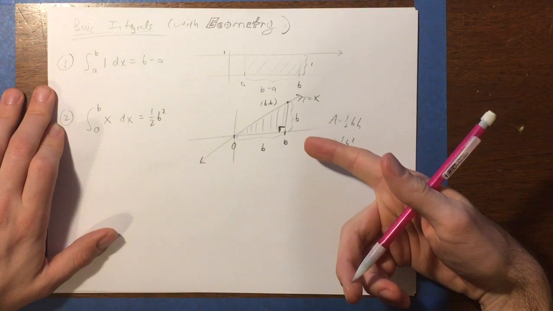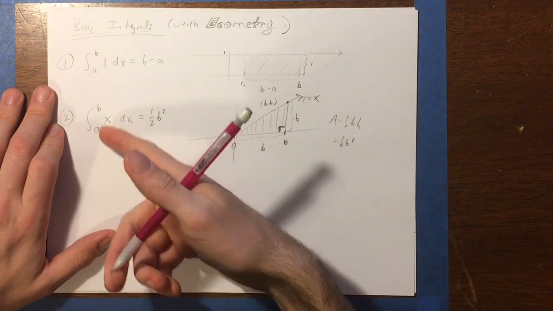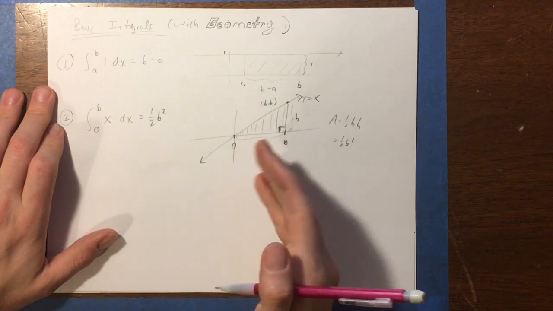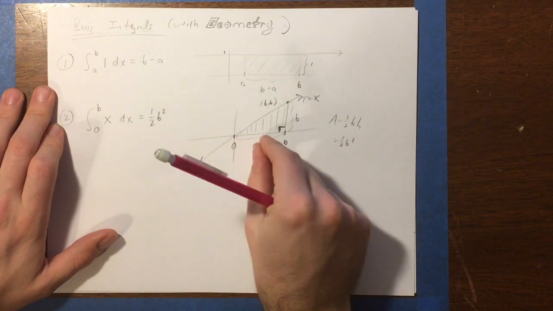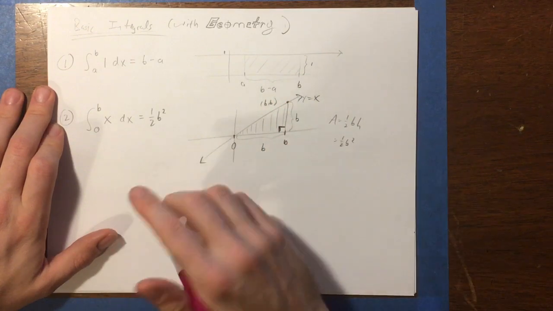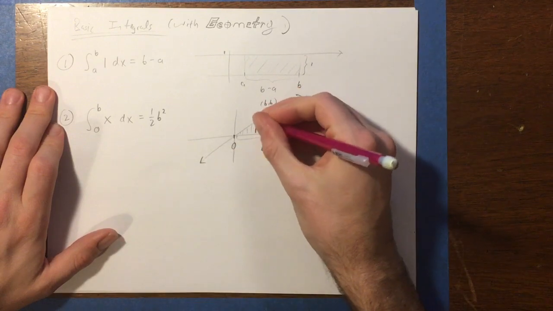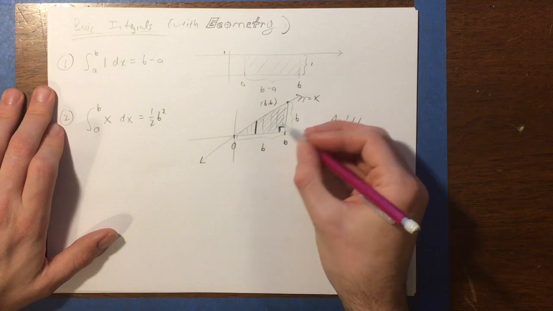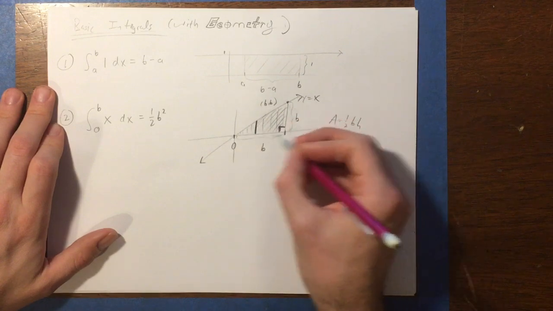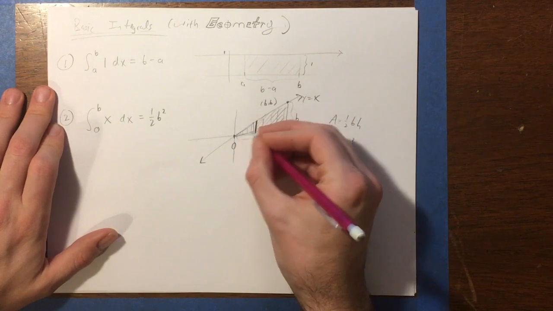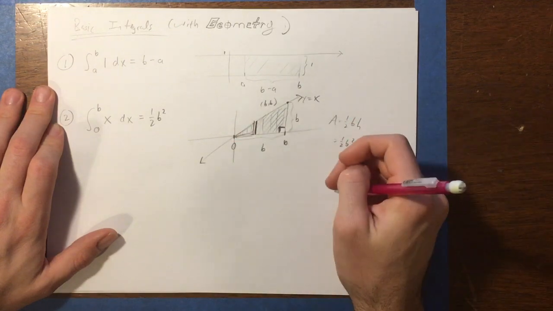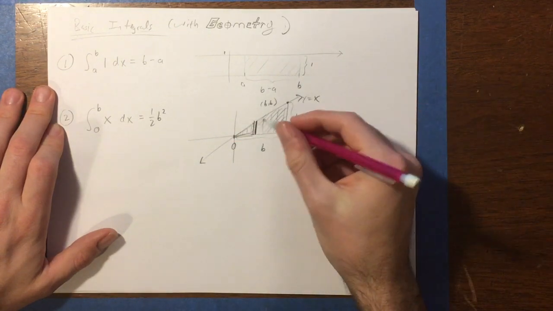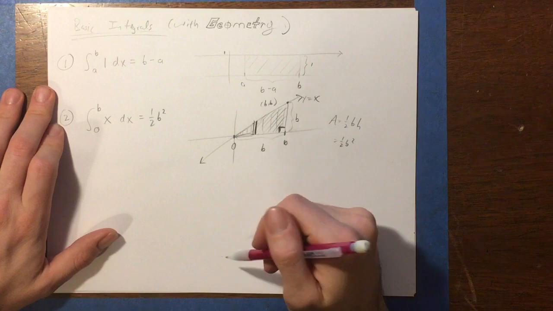This is useful if you don't go from 0 to b. What you can do is go from 0 to a and 0 to b and then subtract one from the other. Like if you had an a here and you wanted to cut it off right there. Say you just want this area. What you can do is find the big triangle and then find the small triangle and subtract one from the other and get just the leftover segment that you want.